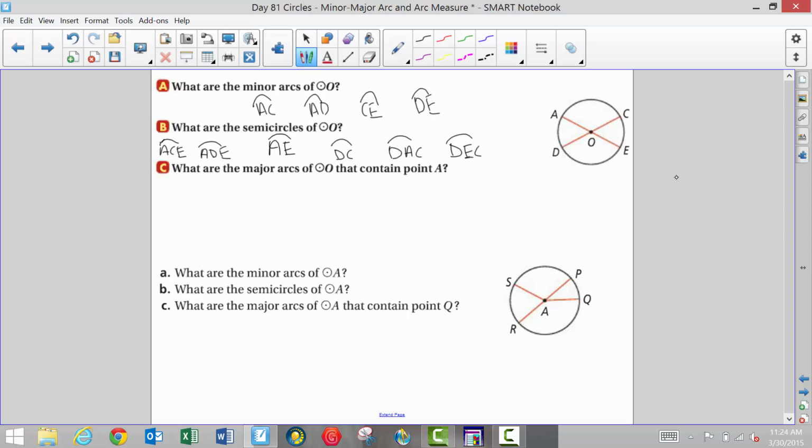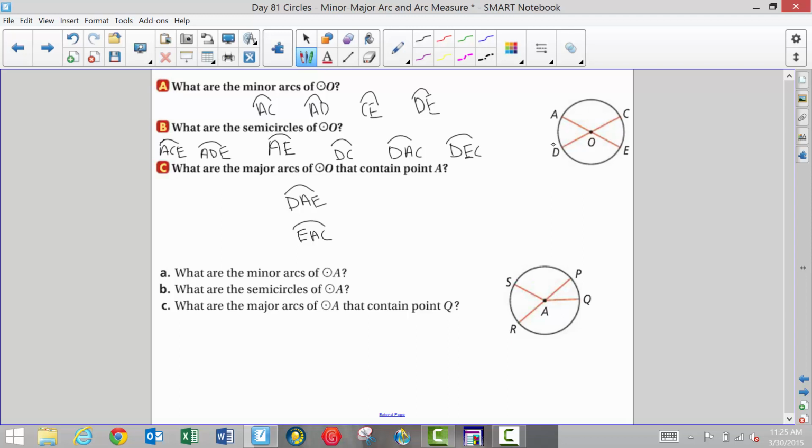Then you have major arcs of circle O that contain point A. Major arcs are greater than 180 degrees but less than 360. A major arc containing point A means the arc sweeps through A. So I have arc DAE, and I also have arc EAC.